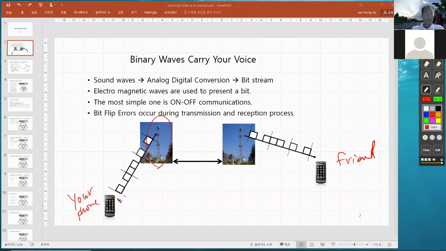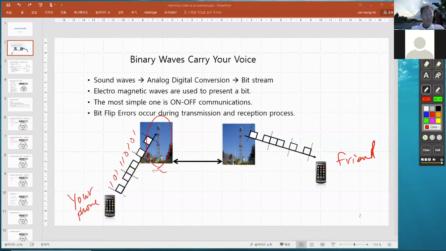So your cell phone is located within the cell, where at the center there is a cell tower. And then you send your bit stream. In this particular case, you have 1, 0, 1, 0, 1, 1, 1, 0, 1.